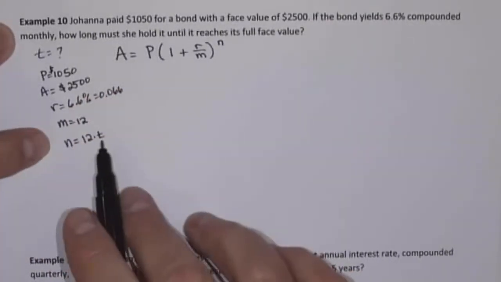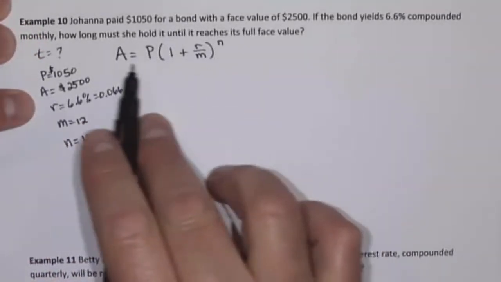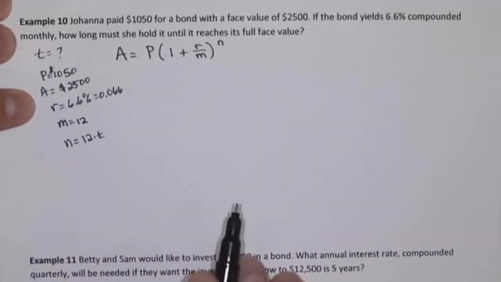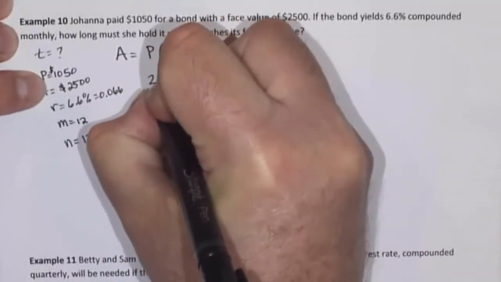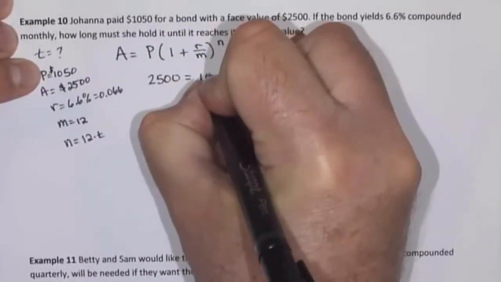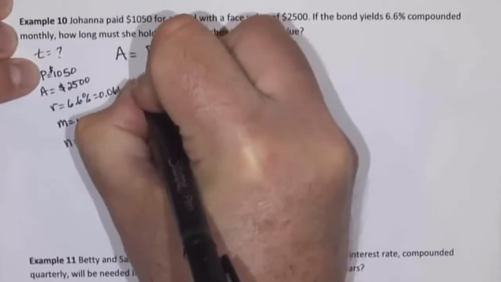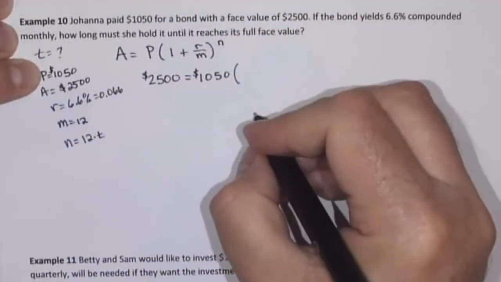So what we need to figure out is what's t. Well, if I fill in this information in my formula, I can then solve for t. So A is 2,500, so 2,500 is equal to P, 1,050. Both of those are in dollars, but the dollar signs will divide out.